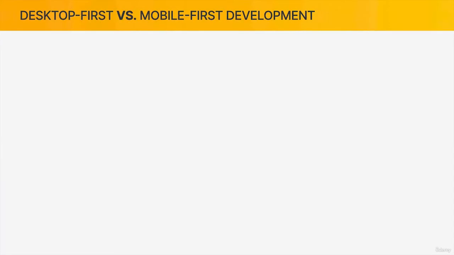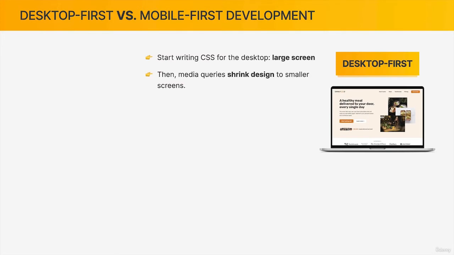Now, finally, we also need to talk about the two opposite strategies of building responsive sites with CSS. So the first one is the desktop-first approach, in which we optimize our interfaces for large screens. And so, therefore, we start writing CSS code for these large screens into our main CSS file.